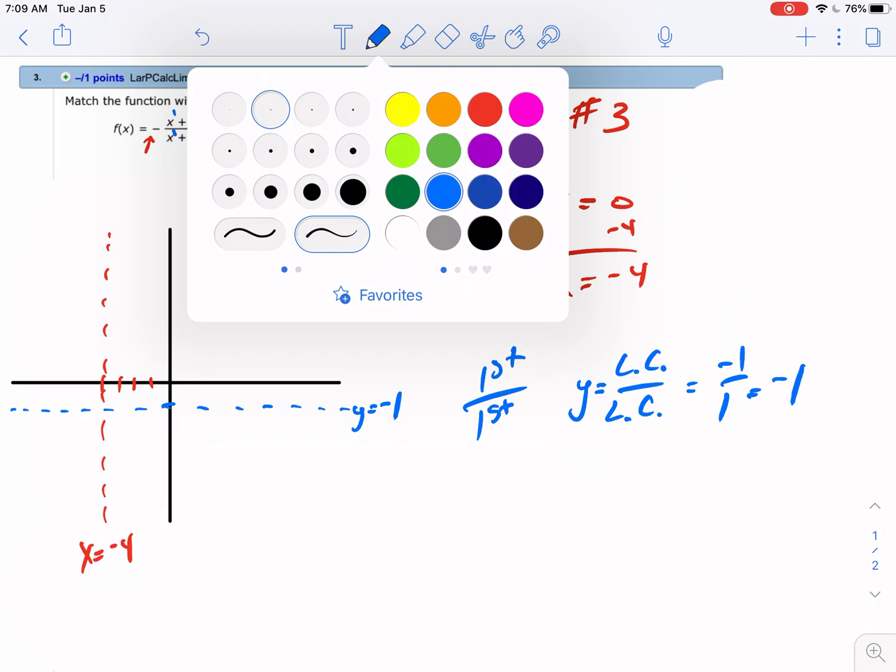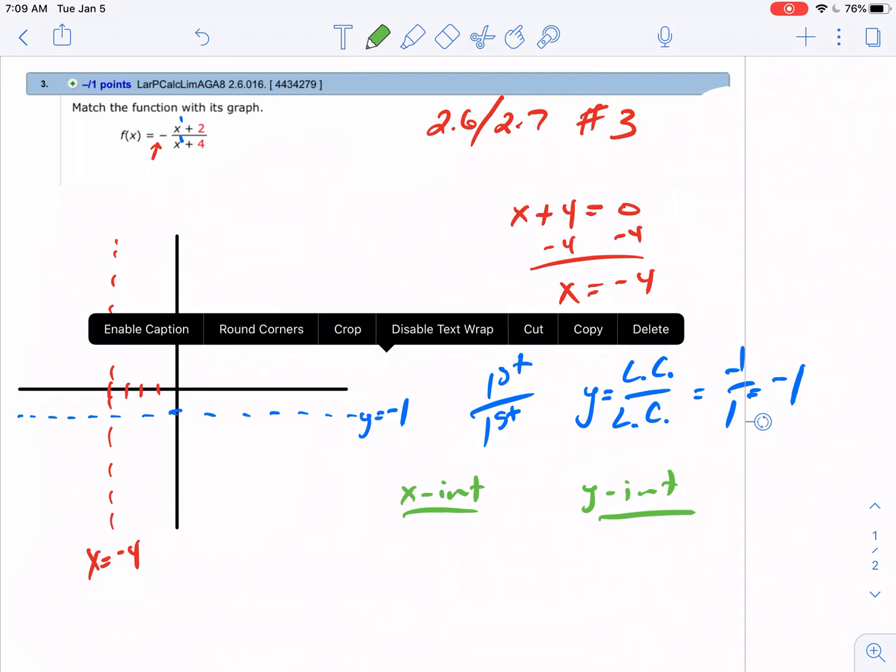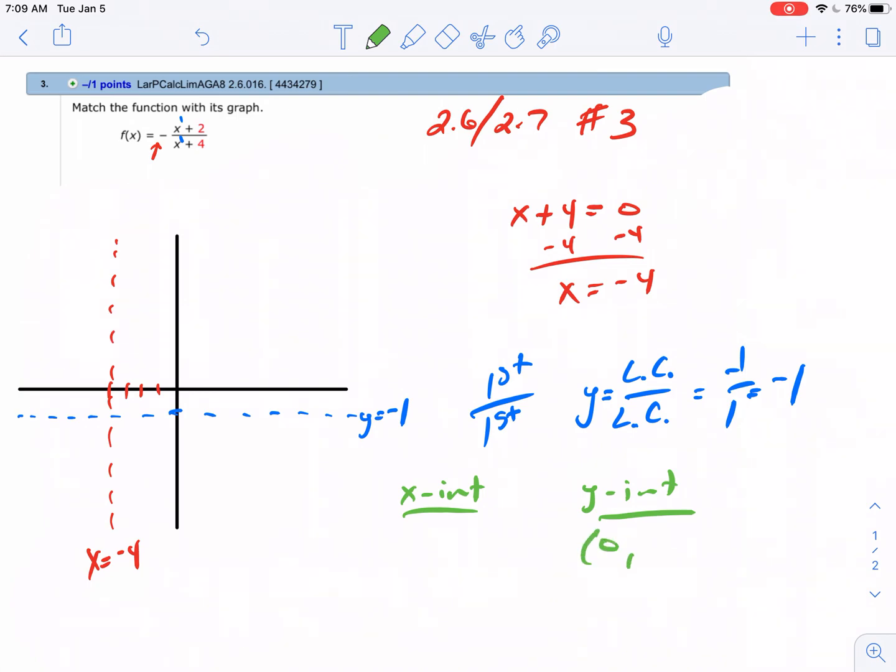And then I would look for my x and y intercepts. The y-intercept is easy to find, I think, because that's just putting 0 in for x. What happens when you put 0 in for x?